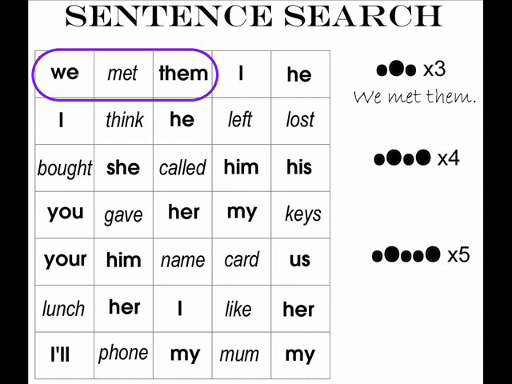Now, if you did this with some students, when they've finished this, you could say, look at the patterns. What kind of words are small circle? They're in bold in the chart. What kind of words are those? Pronouns. What kind of words are big circle? Verbs.